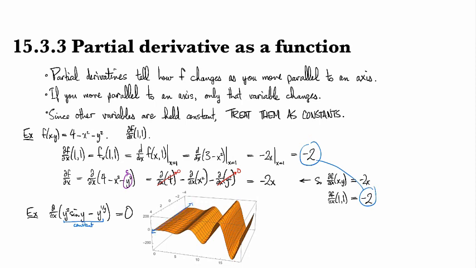All of these lines parallel to the x-axis might appear at different heights, but the function does not change as you move back and forth, moving only parallel to the axis, because it's a cylinder, right? It's independent of x. Independent of x in the picture looks like all these horizontal, parallel blue lines. Independent of x in the formula looks like the fact that there is no x present in the formula.